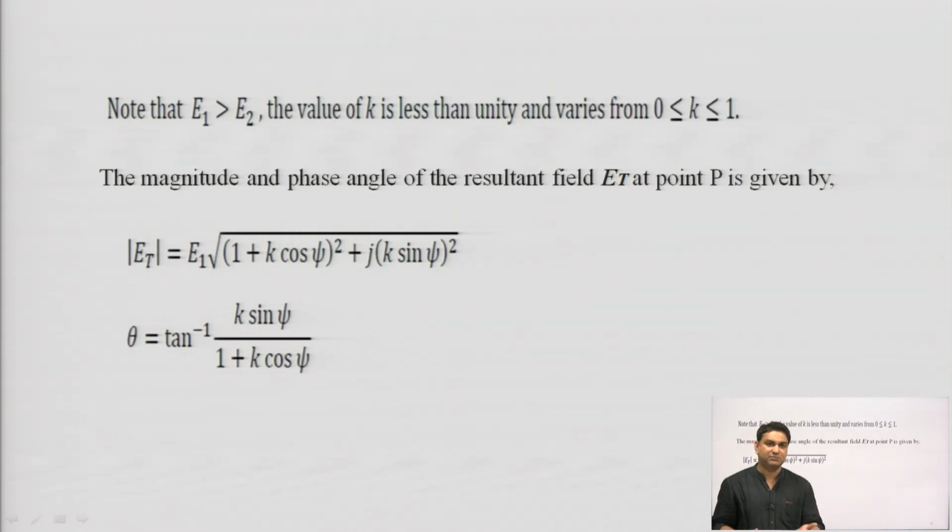the magnitude and phase angle of the resultant field E t at point P are given by, these both are the results of case 3, mod E t is equal to E 1 under root of 1 plus k cos psi whole square plus k sin psi whole square, because this is the simple formulation for getting the magnitude of the resultant electric field strength, and the phase angle can be calculated as theta is equal to tan inverse of k sin psi upon 1 plus k cos psi.